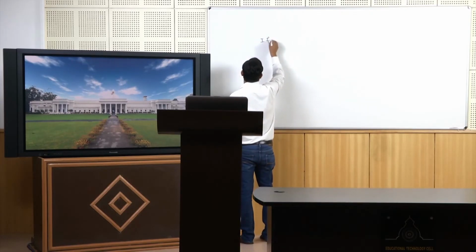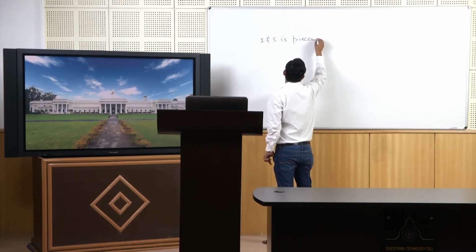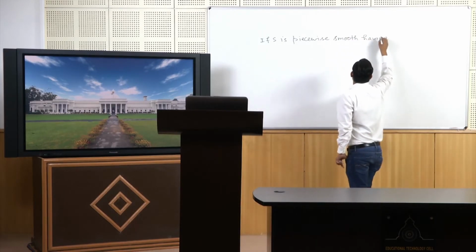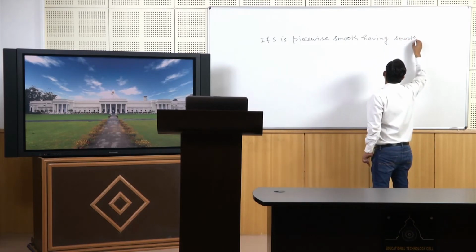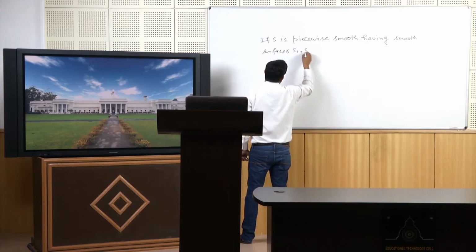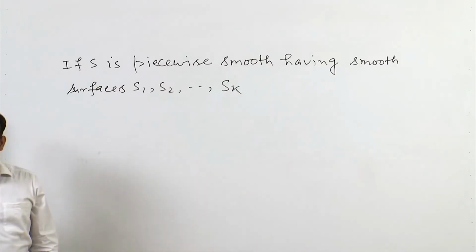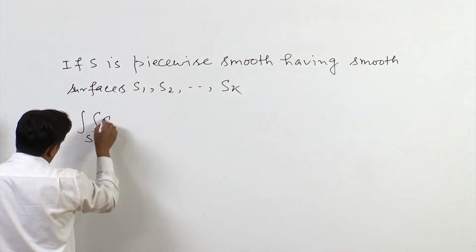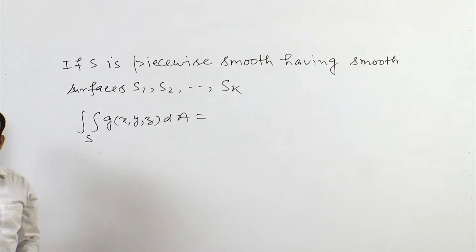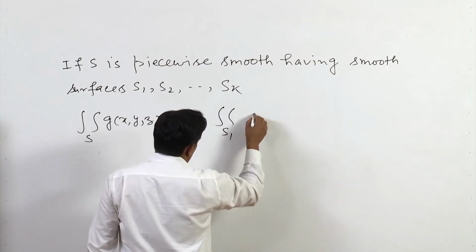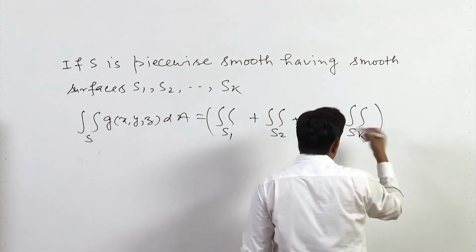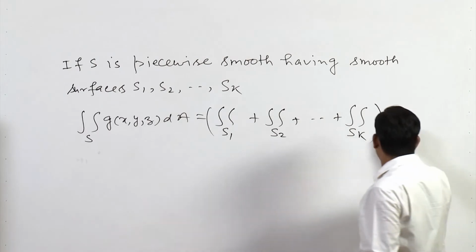So if S is piecewise smooth, having smooth surfaces S1, S2, up to Sk, then the surface integral of a function G over the bigger surface which is piecewise smooth equals the sum of the integrals over each smooth portion of the surface separately.